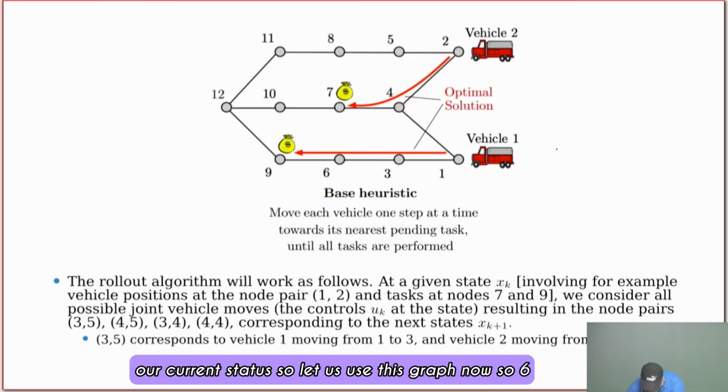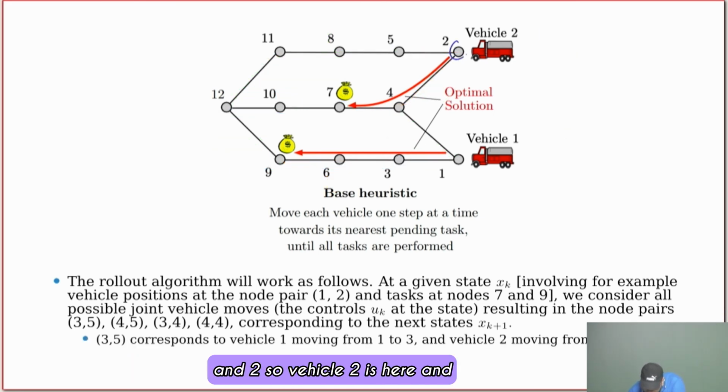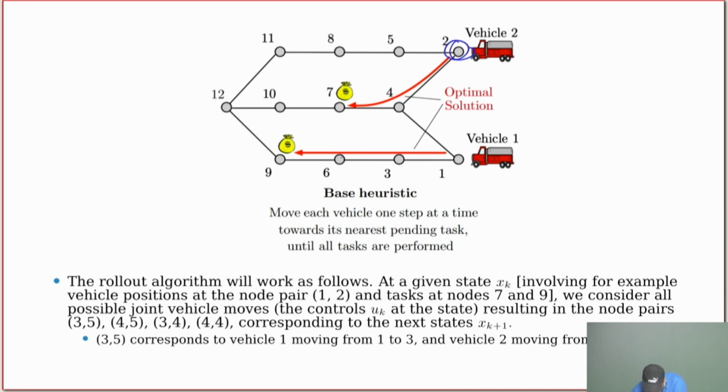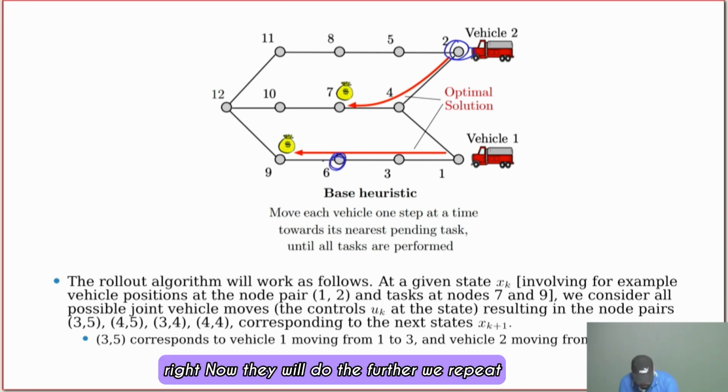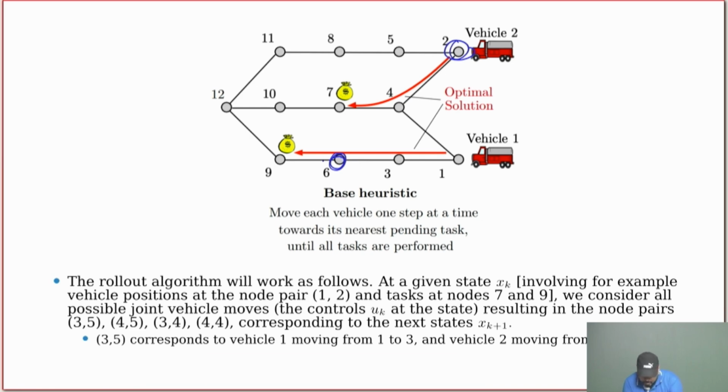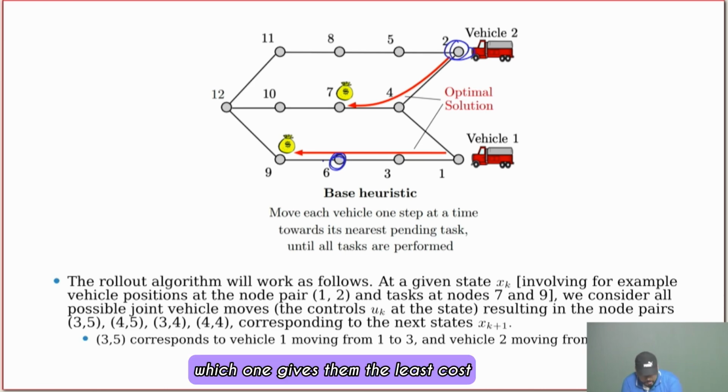So let us use this graph now. 6 and 2. So vehicle 2 is here and this is here, right? Now we repeat this process. They will go for one step look ahead and see which one gives them the least cost.